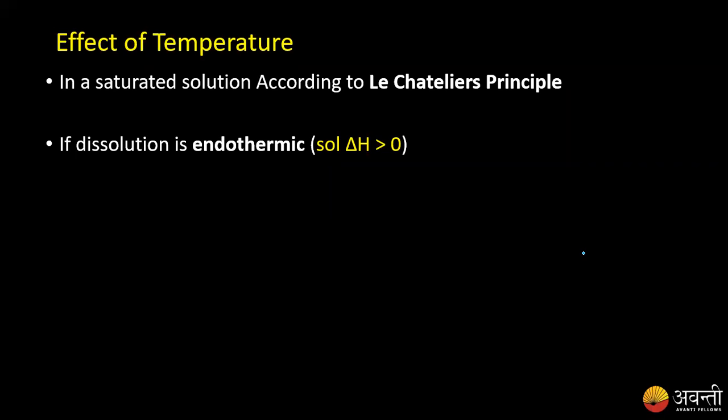So the reaction will go in the forward direction if we increase the temperature. Forward direction means solubility increases. So if you increase the temperature, the solubility will increase. Are you guys clear on that? Yes or no?